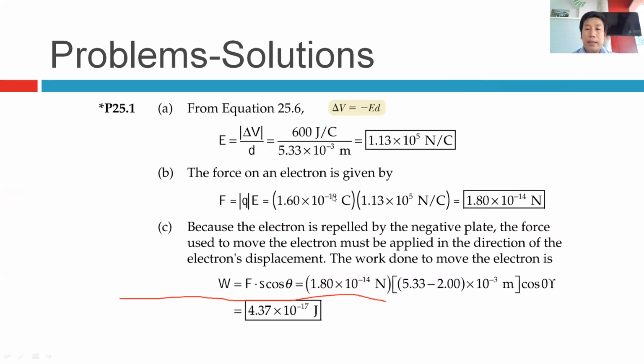So it means that they provide you the distance between the two plates is 5.33, and this is the negative plate, this is the positive plate.